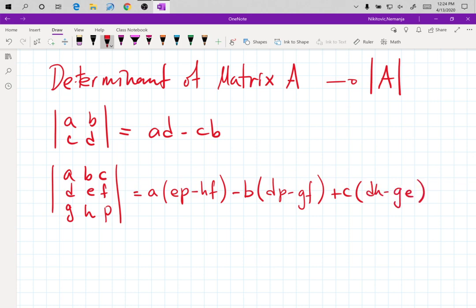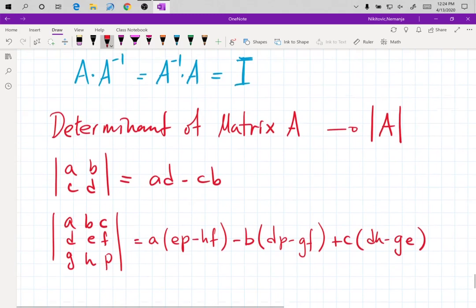All right, so that was a 3 by 3, and so on. So this is my determinant, and you have seen this in Wronskian. Those of you who take Calc 3, you've seen this in a cross multiplication and a whole bunch of other areas.